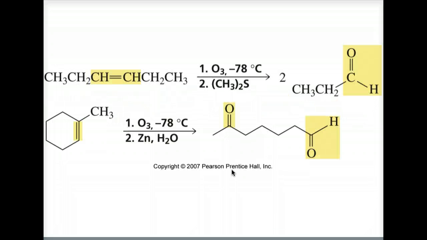Okay. Here are other examples of oxidative cleavage of alkenes in reducing conditions. The ozonolysis of 3-hexene, here at the top, followed by reduction, yields 2 moles of propanal. The ozonolysis of 1-methylcyclohexene, as you can see here, followed by reduction, gives 6-oxoheptanal.